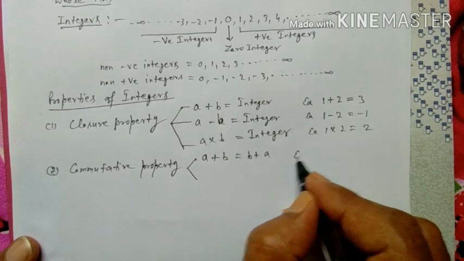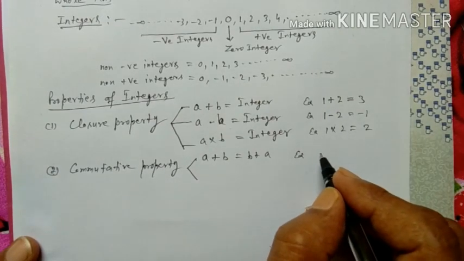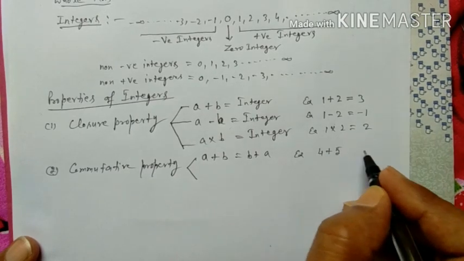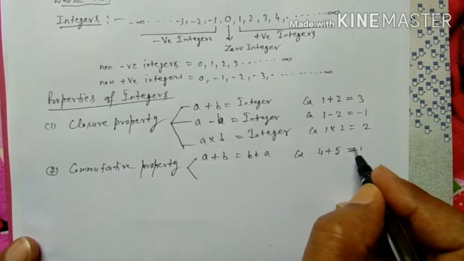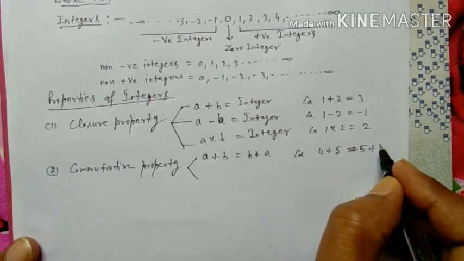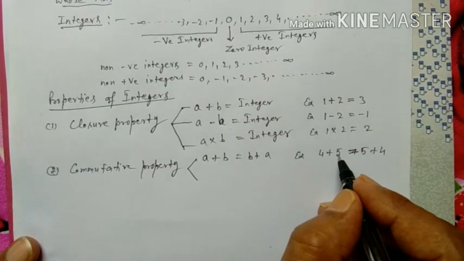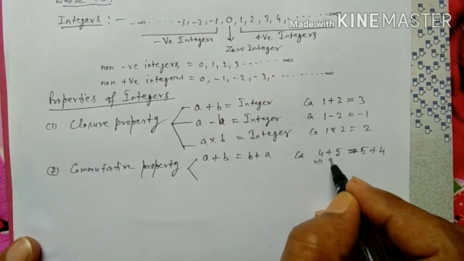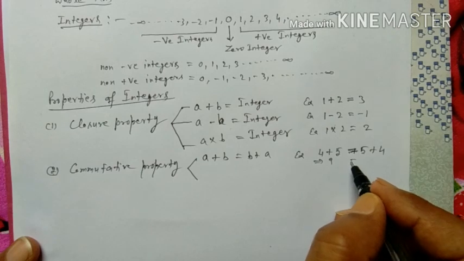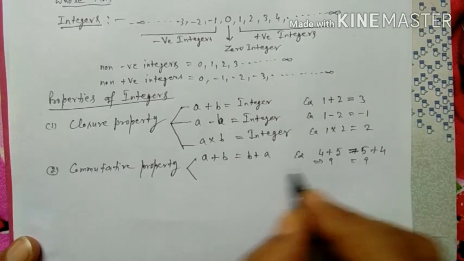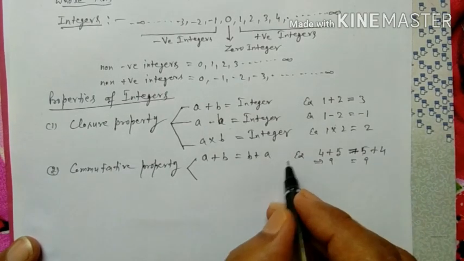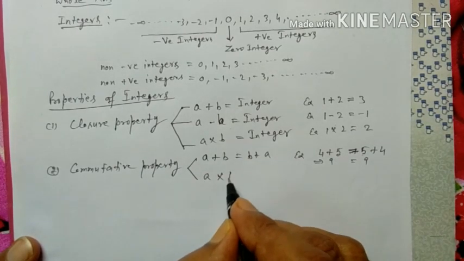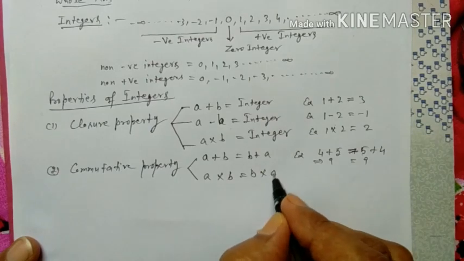For example, 4 plus 5 or 5 plus 4, you will get the same result. 4 plus 5 equal to 9, and 5 plus 4 is also 9. And the commutative property holds for multiplication: a into b equal to b into a.